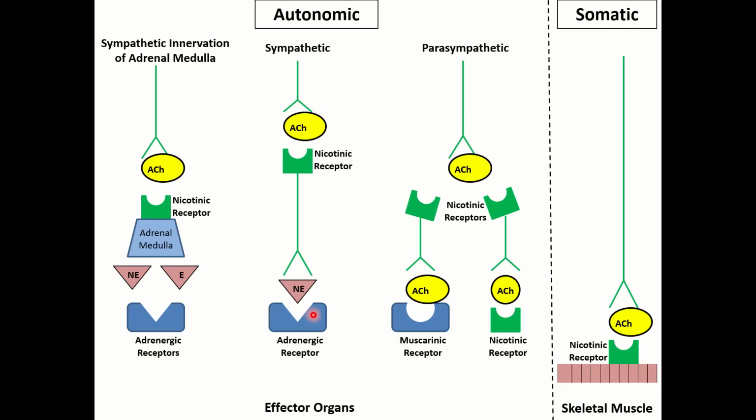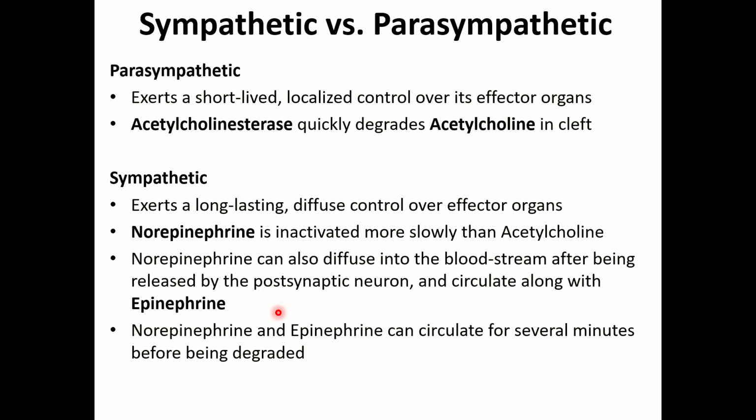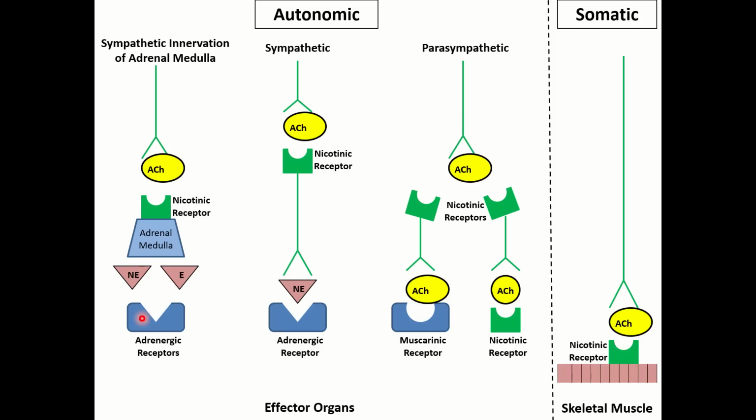So this norepinephrine can hang out in the cleft and have an effect on these receptors for a longer period of time. The other thing is that it tends to have more diffuse control over effector organs, which is different from the localized control of the parasympathetic neurons. That is primarily due to the fact that it can diffuse into the bloodstream after being released by the adrenal medulla, so you can see over here, and it can cause an effect over multiple tissue types within the body.